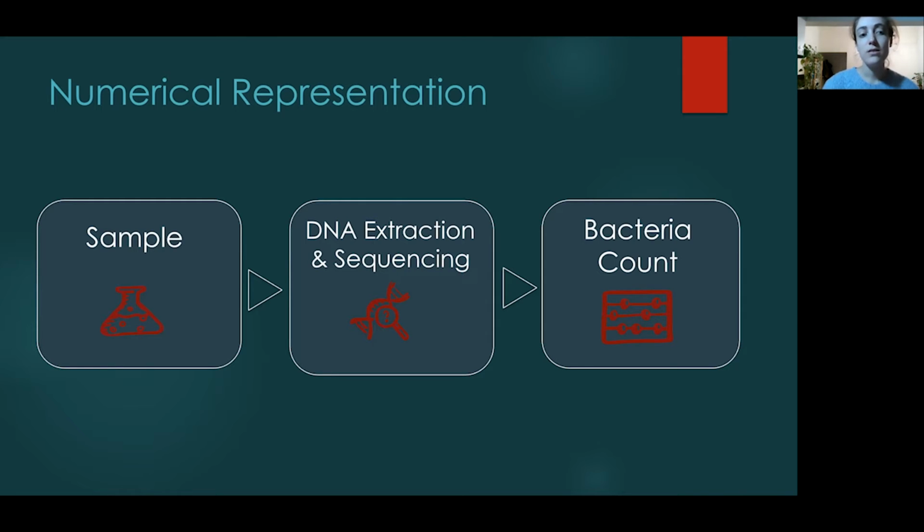And when we sequence it, we basically put it through a machine that can tell us per each bit which of the nucleotides it is, and it also writes it down for us. How convenient. So the output of this phase is a text file with a sequence for each of the bacteria we found in our sample.